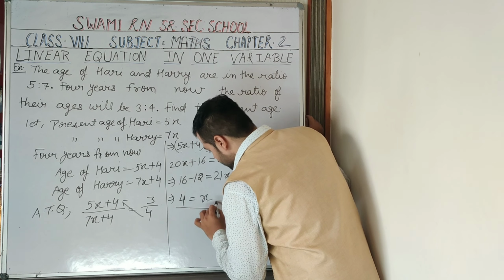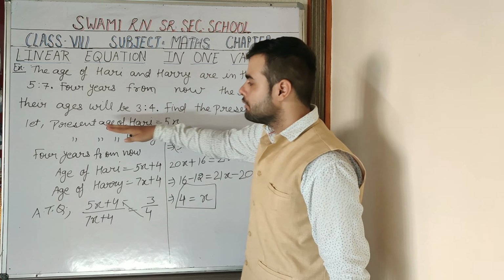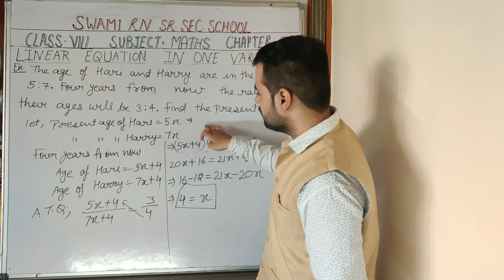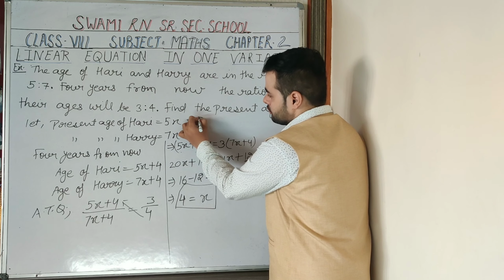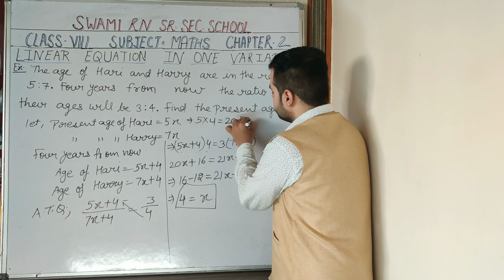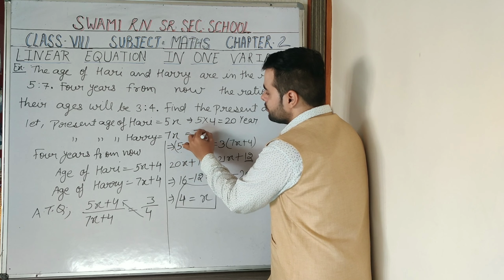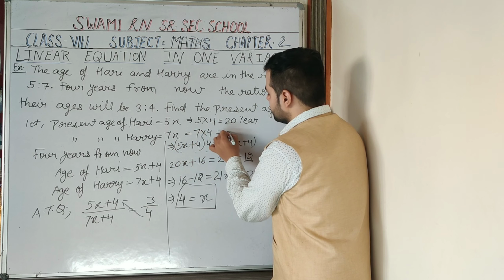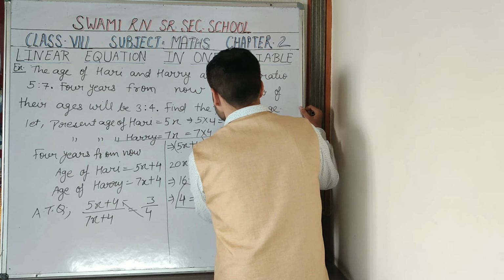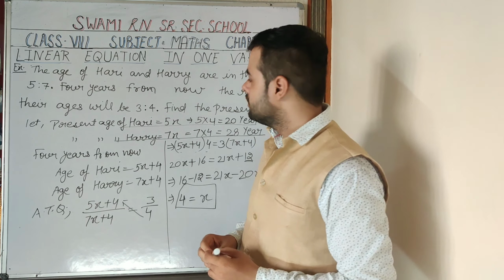So that is the value of x. Now we have to find the present ages: 5 multiplied by 4 is 20 years, and 7 multiplied by 4 is 28 years. That is the present age of Hari and Harry, which we had to find out.